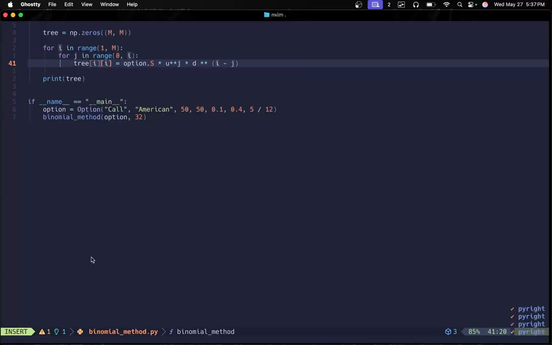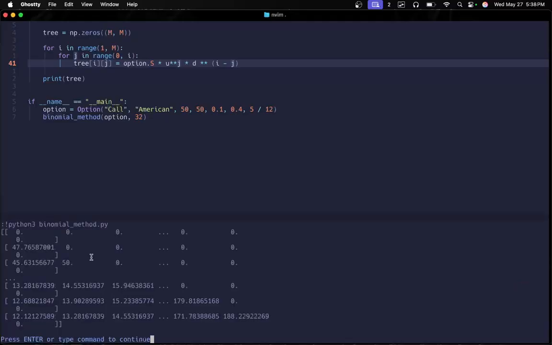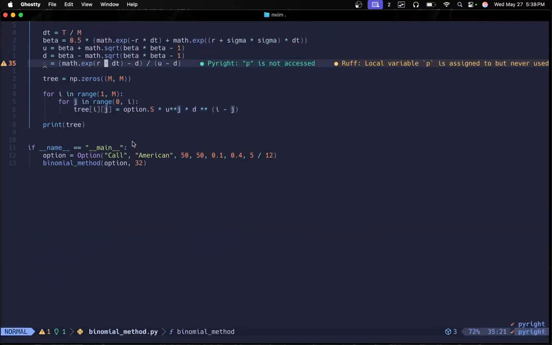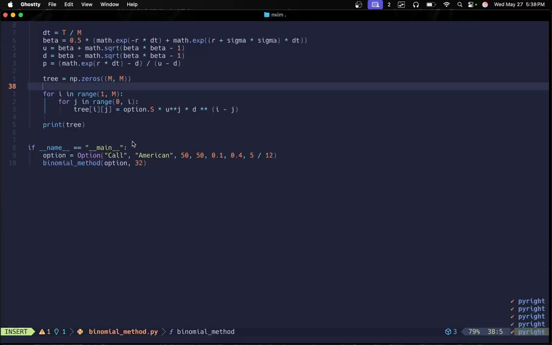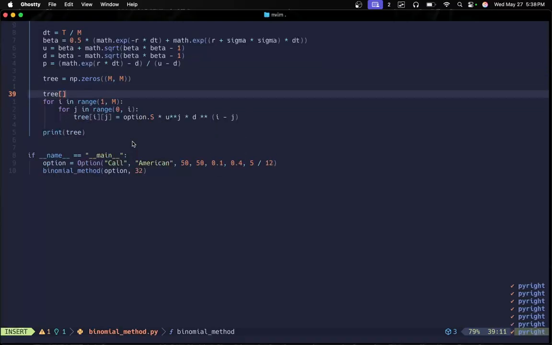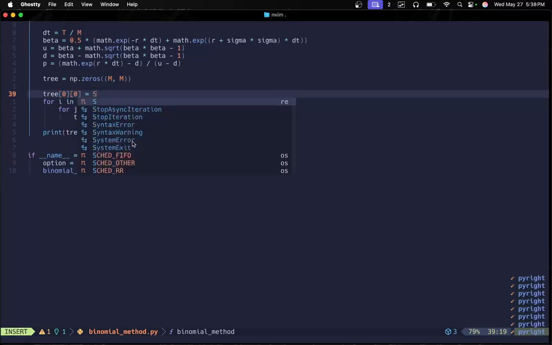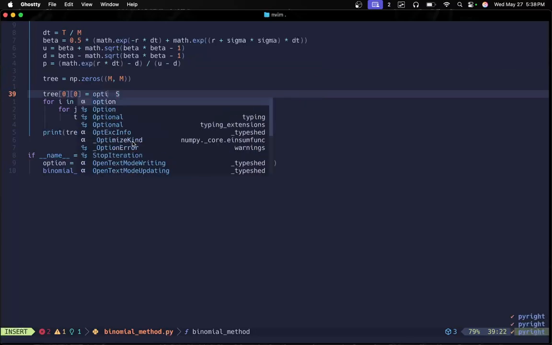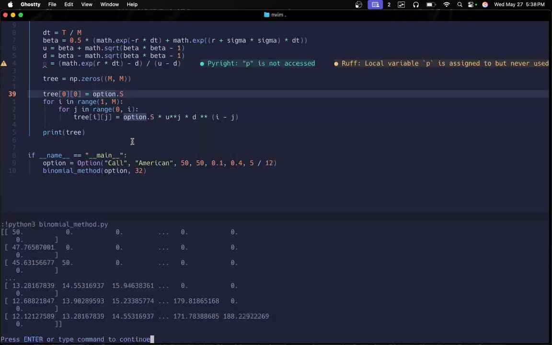My intuition: I never defined the initial value of the stock like I did zero. And now look at this. See that problem? This should have two values.